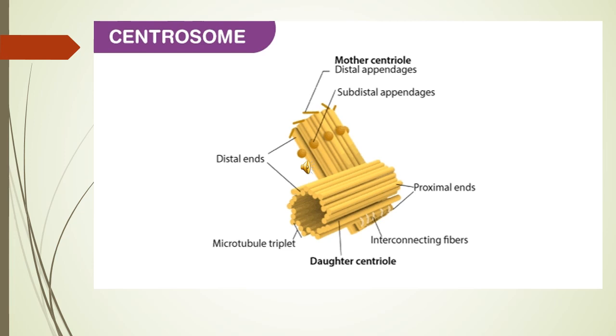The main function is cell division. Centrioles are involved in the organization of the mitotic spindle and the completion of cytokinesis, that is, the formation of the mitotic spindle in animal cells. Cell division has 4 phases, and the centrosome plays an important role in it.